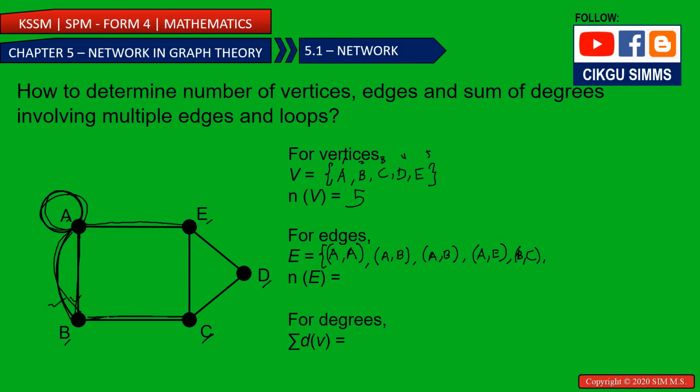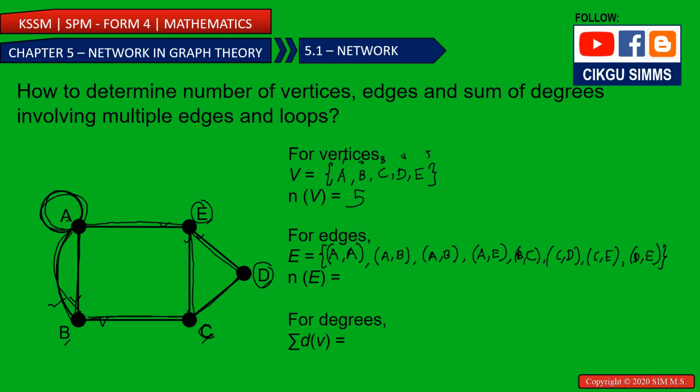So I go to C. This one is C to D, and also C to E. I write C to D and C to E. C is settled, so we go to D: D to E, D to E, and last we go to E. E is also settled, so we don't need to do anything here, but don't forget to close the bracket.